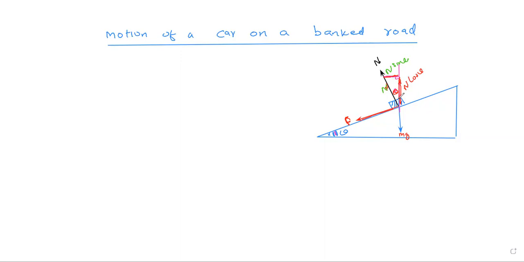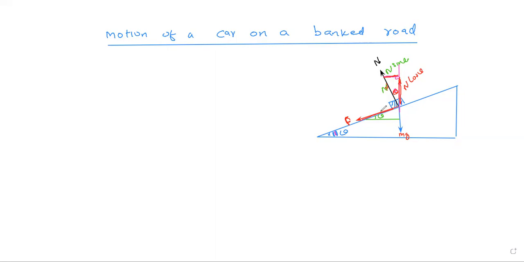Then if you consider one right angle triangle here, this angle also theta. These are parallel lines, right? So along the surface we have the frictional force F. Clear, right?